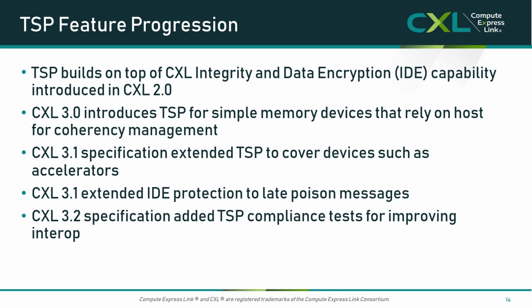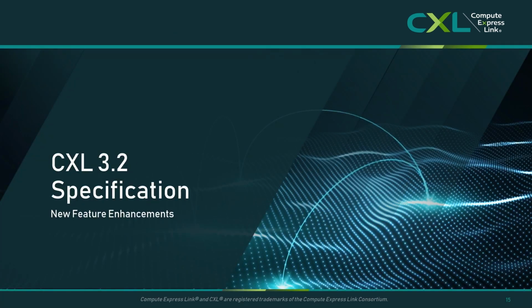This should help interoperability between hosts, devices, and other components that are implementing this TSP feature. Okay, so I think we talked about the features that progressed from 3.0 and 3.1 to 3.2. So let's talk about brand new features that made their way into 3.2.